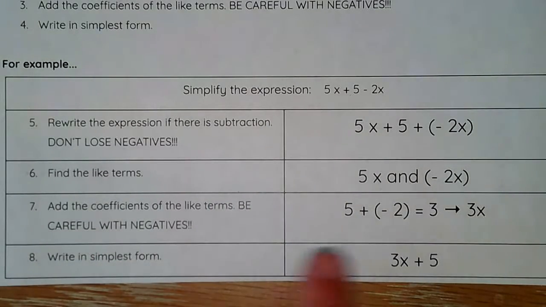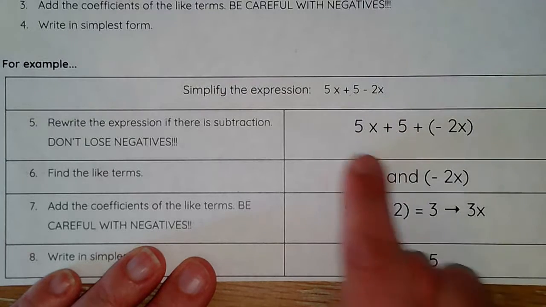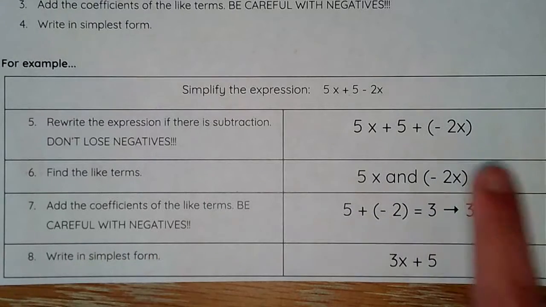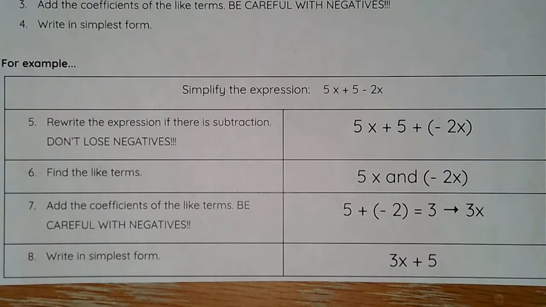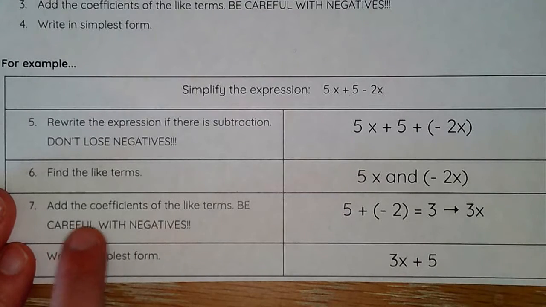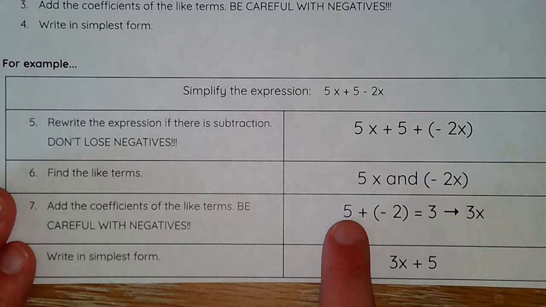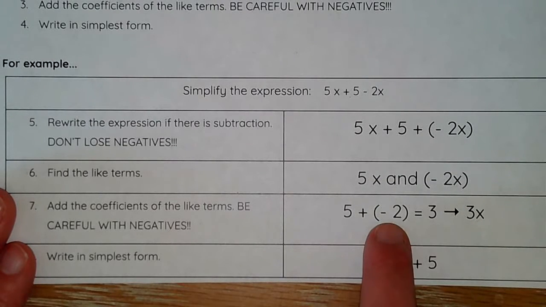Now I find my like terms. In this situation, 5x and negative 2x are like terms. Step 3 tells me to add the coefficient of these like terms. I have 5 plus negative 2.